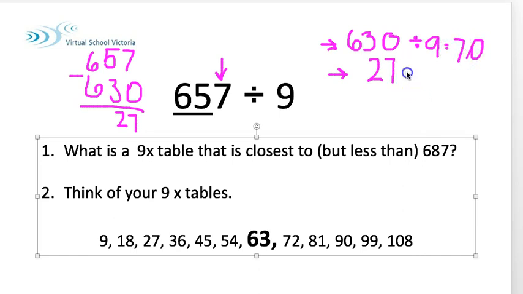And 27 divided by 9, I can do this, equals 3. Hang on. 1 nine, 2 nines, 3 nines. So by splitting the number into easier to manage tables that I know, I have calculated that the answer is 73. So we have used the split strategy to make it easier to divide.